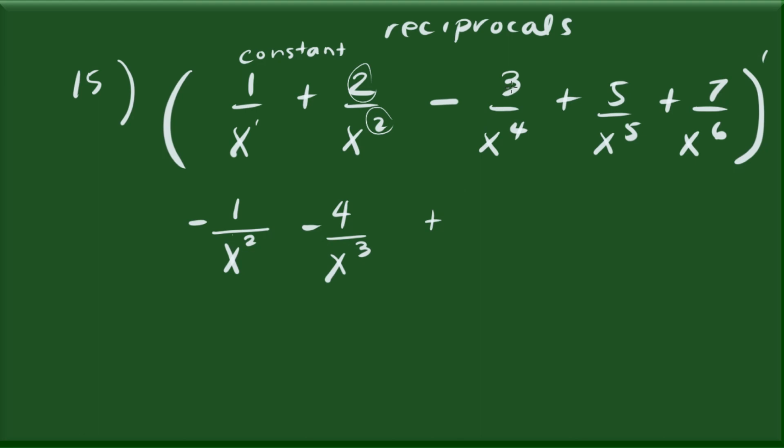And then plus 3 times 4 is 12 over x raised to 5. Okay, and then here you have 5 times 5 is 25 over x to the 6. Switch the sign. And then 7 times 6, 42 over x to the 7. Switch the sign.